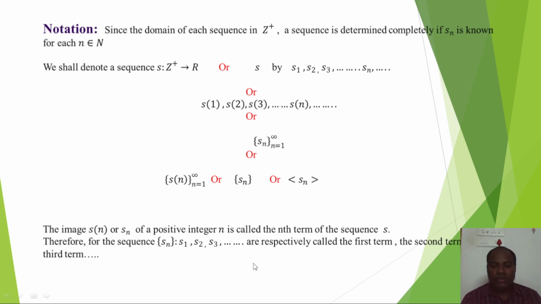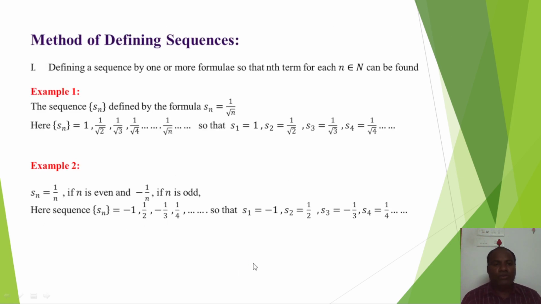Now we are going to see defining sequences in different ways. For example, defining a sequence by one or more formulas so that the nth term for each n belonging to N can be found. Example 1: the sequence Sn defined as Sn equals 1 by root n.